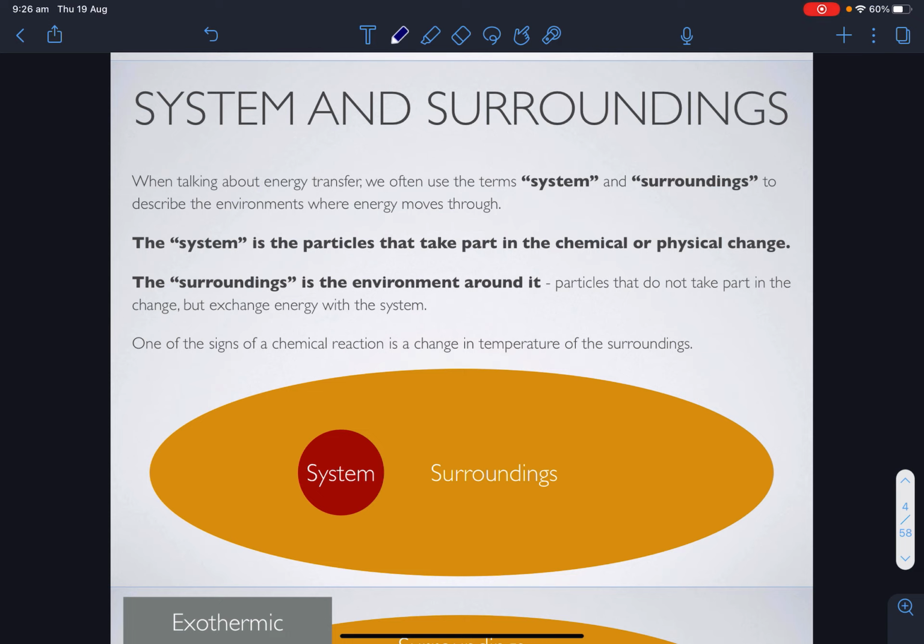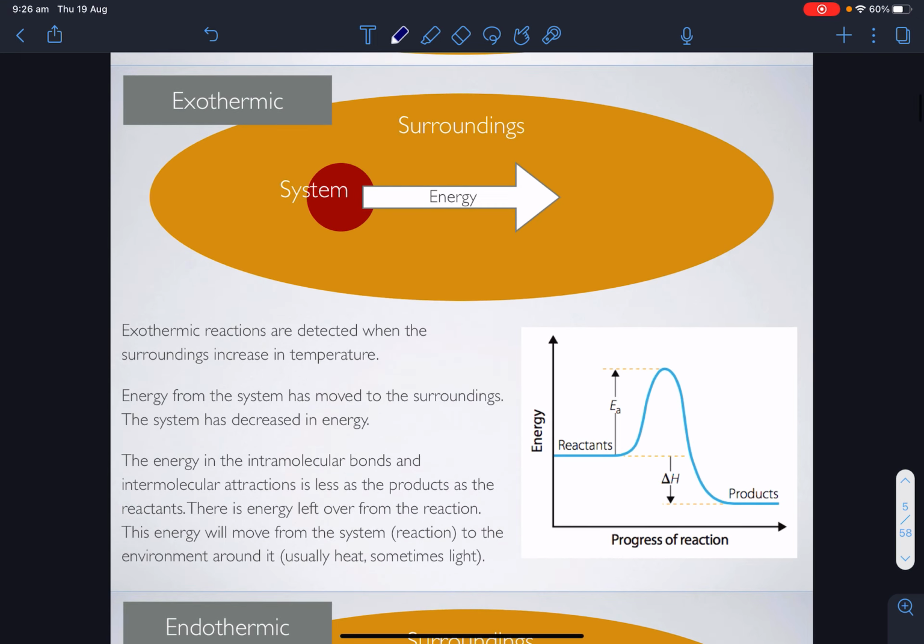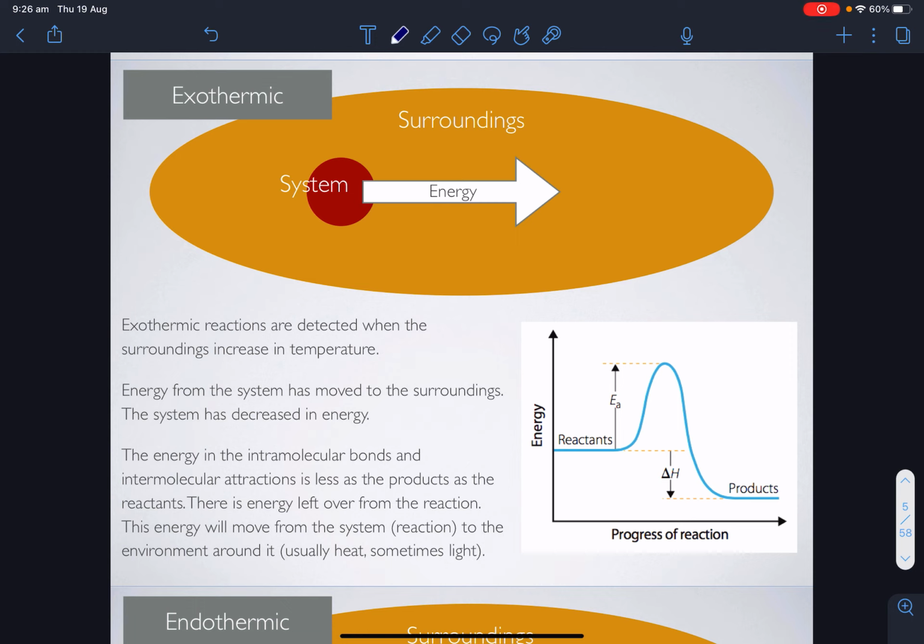So here I've just drawn a diagram. It's going to help me explain it, but I've got the system there in the red dot and the surroundings around it. Okay. So for an exothermic reaction, exothermic reactions are detected when the surroundings increase temperature, okay? So the temperature increases in the surroundings, okay?